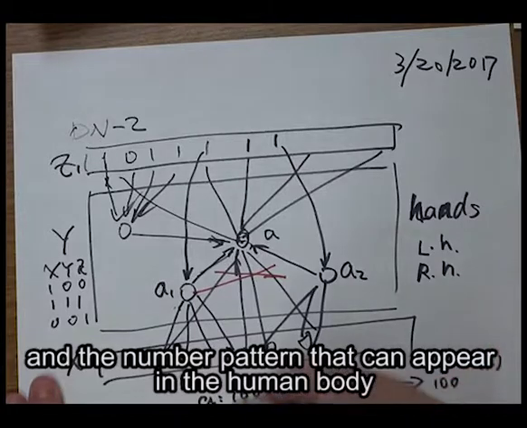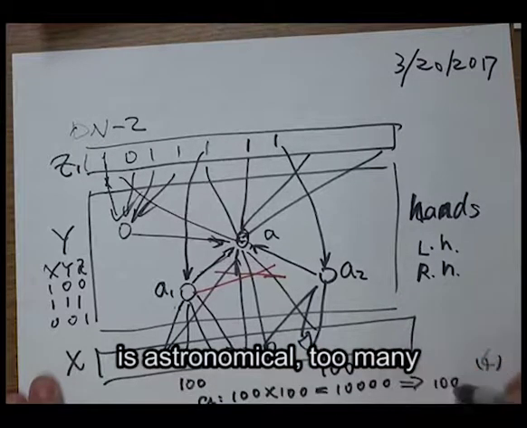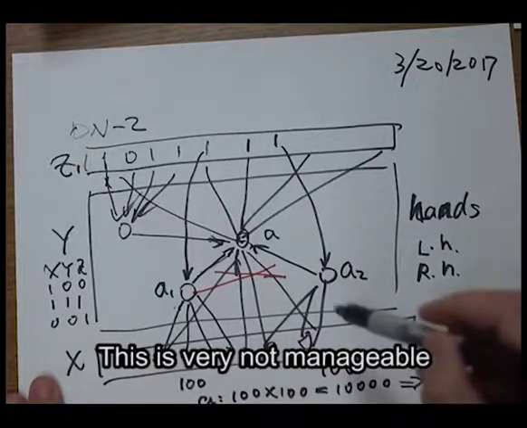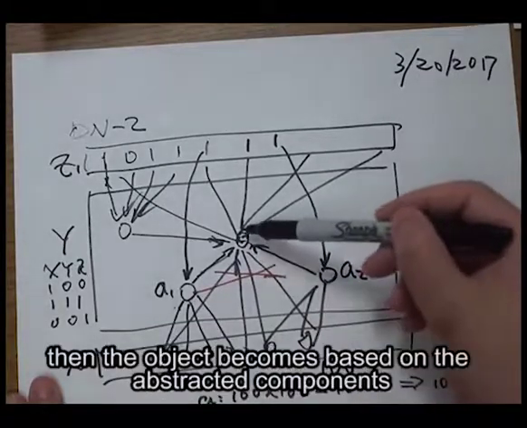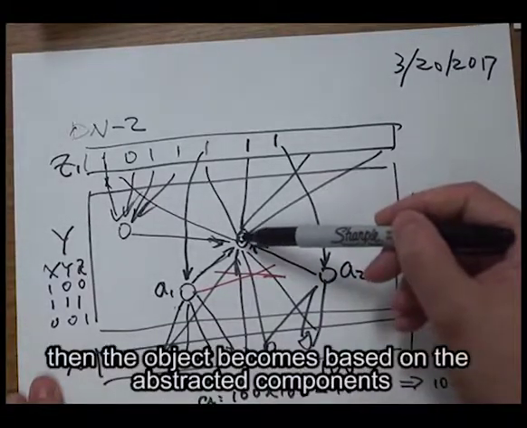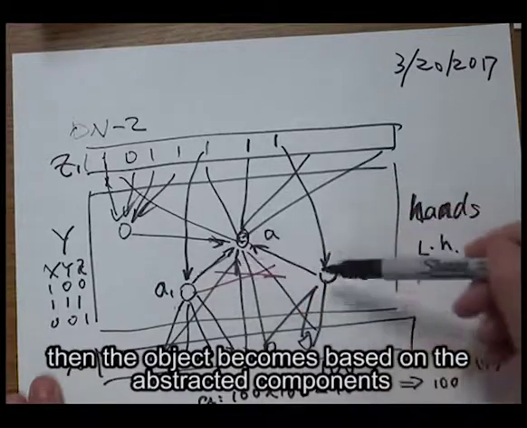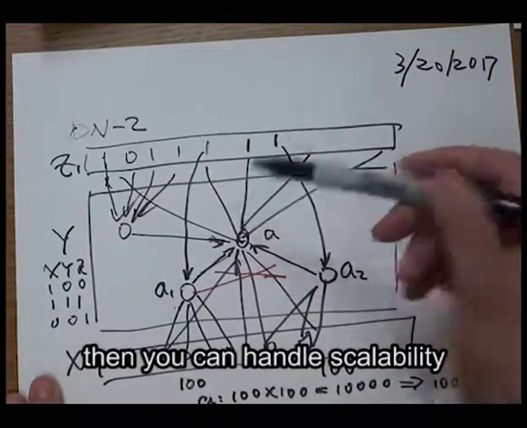The number of patterns that can appear in the human body is astronomical, too many, and this is very manageable. All right, so basically you do abstraction for components, then the object becomes based on the abstracted components, then you can handle scalability.